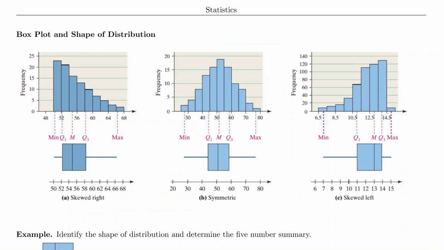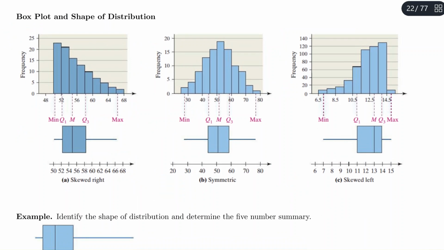The box plot can also be related to the shape of distribution, especially relating to the histogram. So box plots can be put into 3 categories: skew right, symmetric, and skew left.